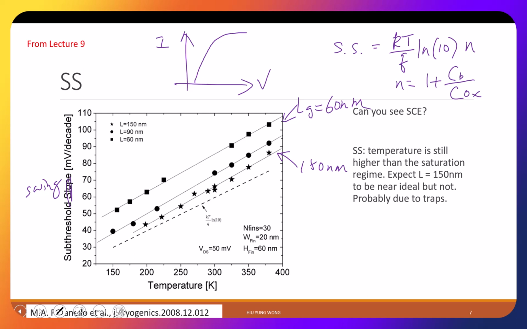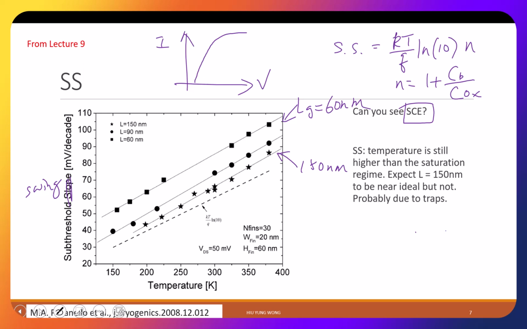But that is not something we can relate very directly. What do you call this effect? Short channel effect. That's just something I try to fish for. But you can say because of short channel effect, the N factor maybe got worse because it is no longer correct. Yeah, I'm trying to fish for this word, SCE, short channel effect.